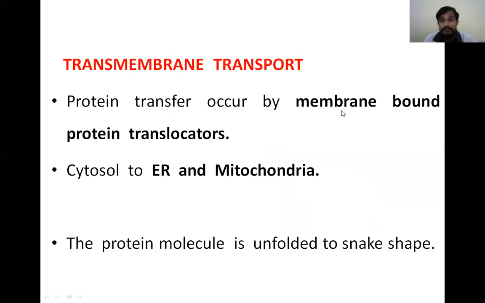Here the transmembrane transport is regulated by the protein translocators which are present on the membrane. Unlike gated transport, in which the nuclear pore complexes regulate, in transmembrane transport the protein translocators will regulate the transport of protein from the cytoplasm into the ER or the mitochondria.